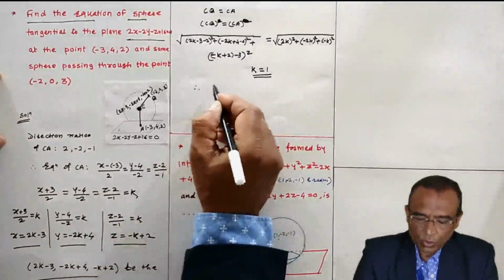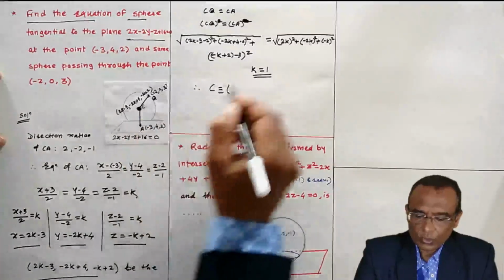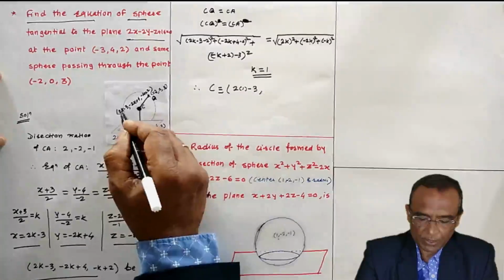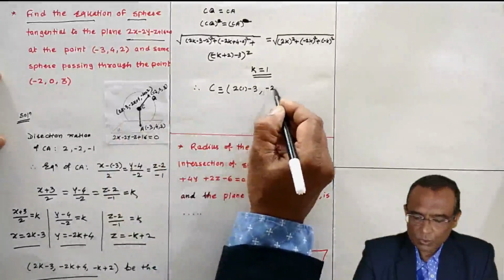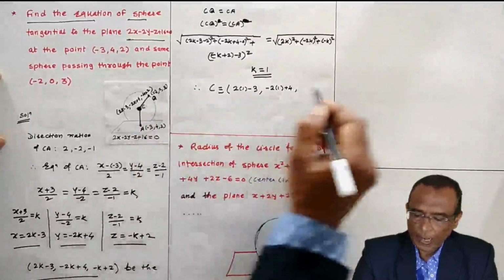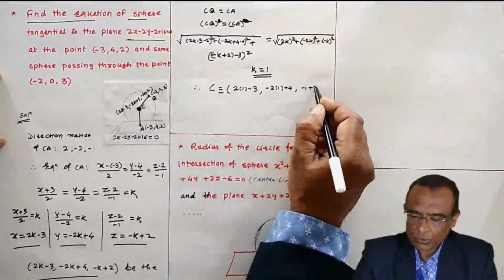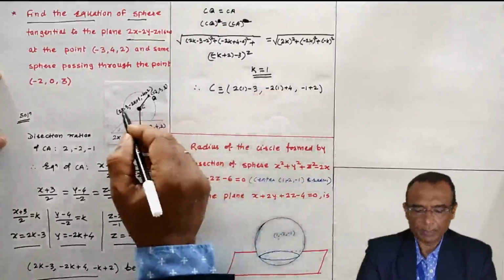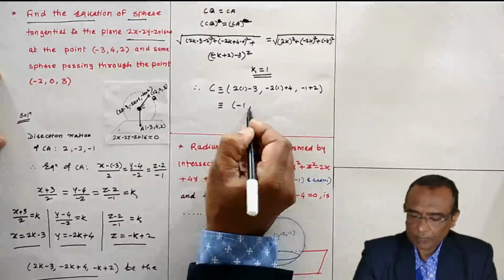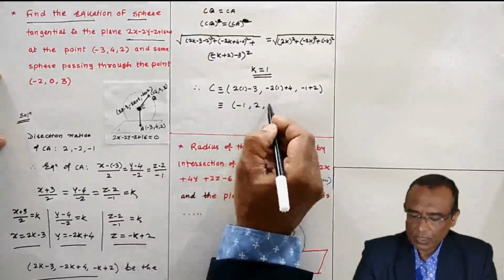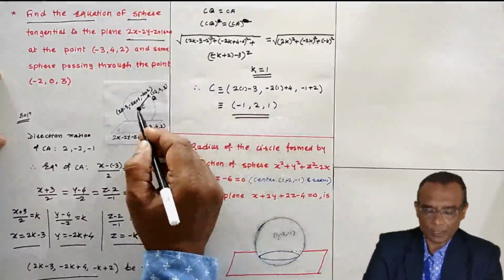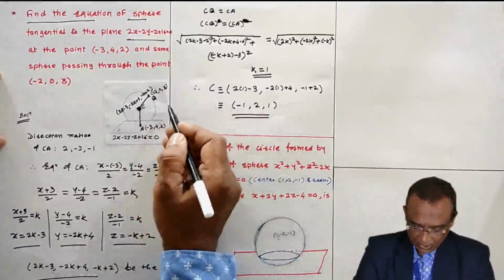Therefore the coordinates of C are (2k - 3, -2k + 4, -k + 2). Put the value of k here, that's all. Then this is -1, this is 2 and this is 1. These are the coordinates of C, the center of the sphere.